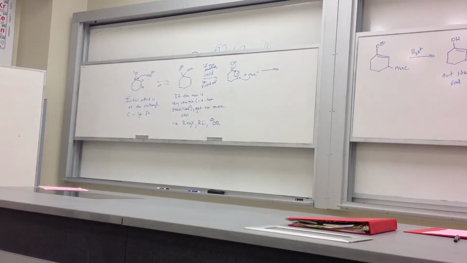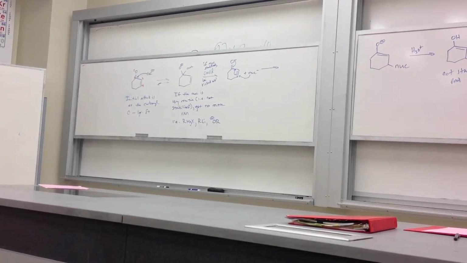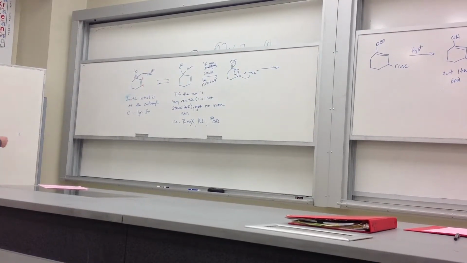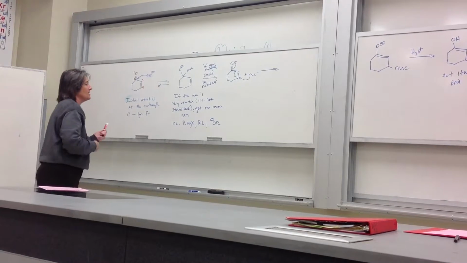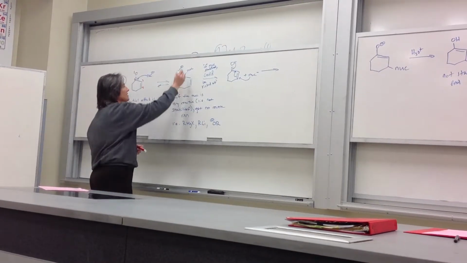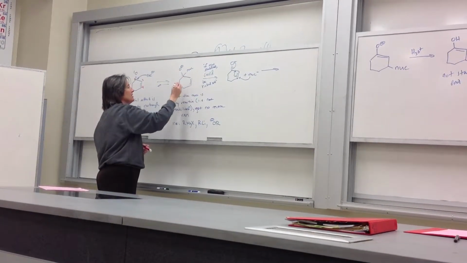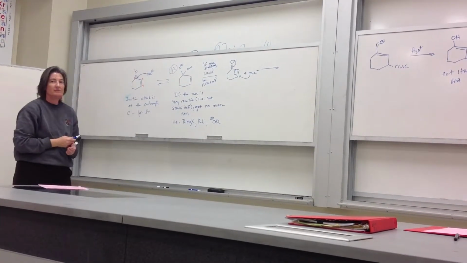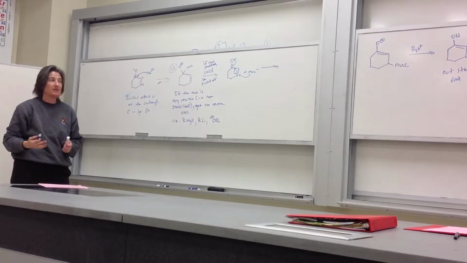This is just starting at one end of the conjugated system and going down to the other with numbers. So they call the addition that gives you this guy right here a 1,2 addition. That's like what a Grignard does.